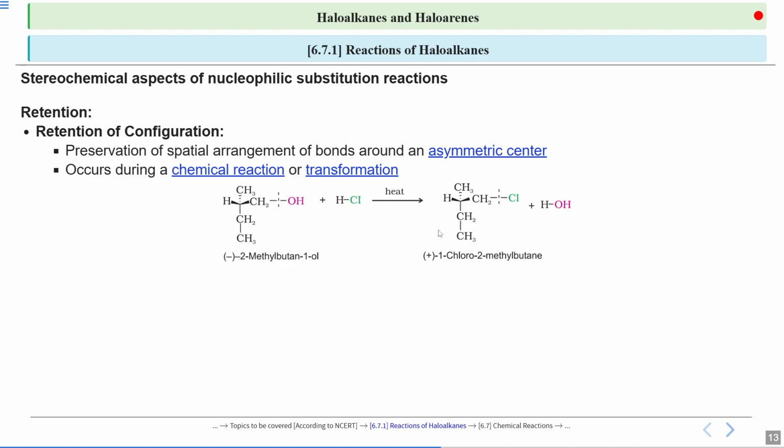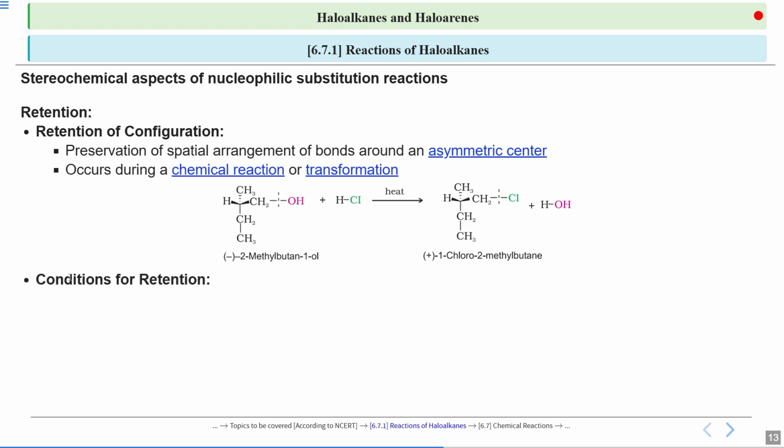And the same spatial arrangement of bonds is present in the product also around this asymmetric carbon. That carbon is having one CH3, one hydrogen, CH2, CH3, and this CH2 with chloride. So the spatial arrangement of bonds is the same around this asymmetric center even after the formation of product. We preserve the spatial arrangement of bonds around the asymmetric center, and this fact is known as retention of configuration.